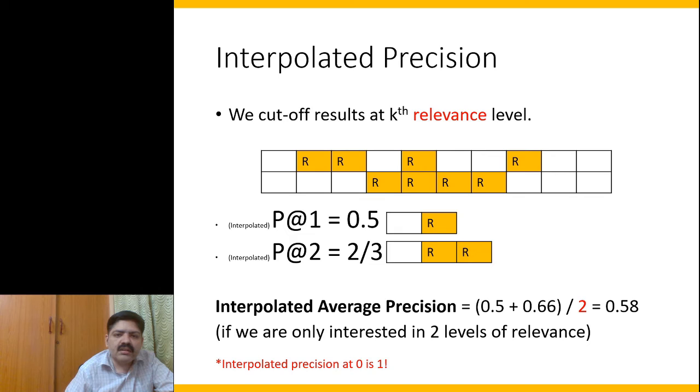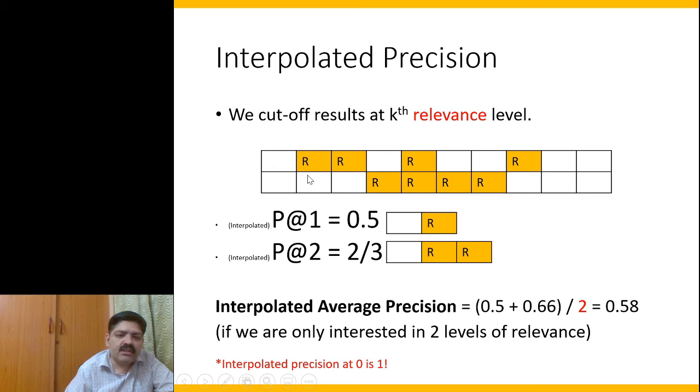We could also use interpolated precision. So let's take the same example. Here we cut off results at the kth relevance level instead of the kth document. What do we mean? So for precision at 1, we look for the position at which the first relevant document appears.